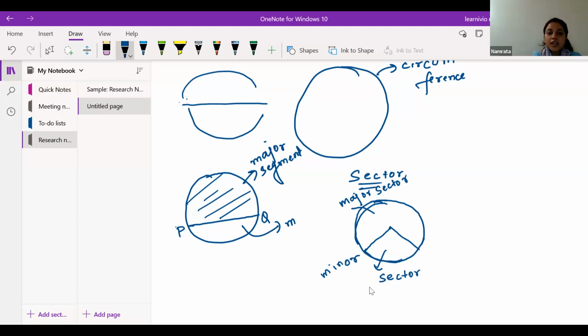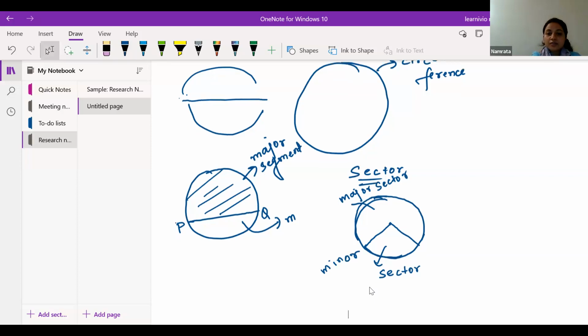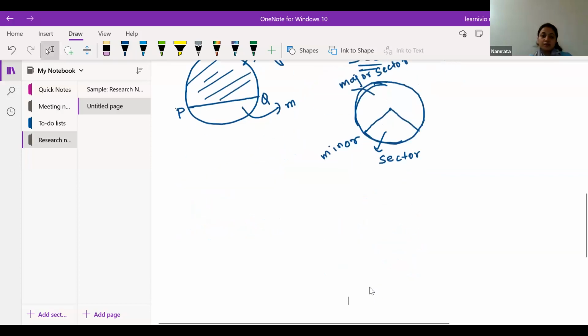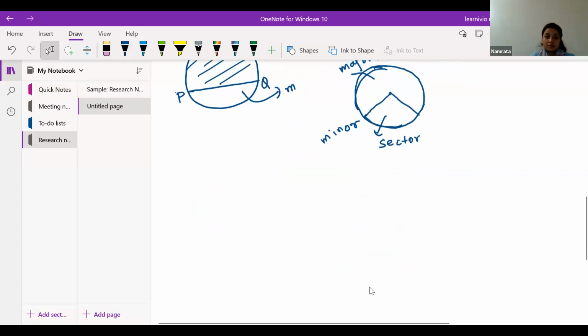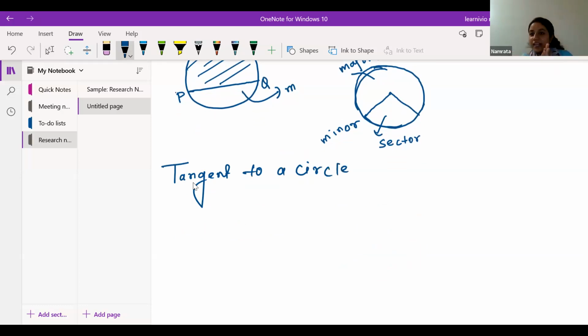Now the next concept is tangent to a circle. This is the concept which is related to this chapter. Before starting tangent, let me tell you one more thing. If we have a circle and a line is going through it like this, then what can be said?